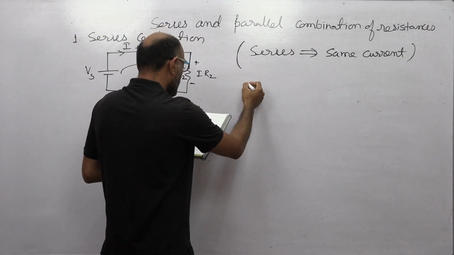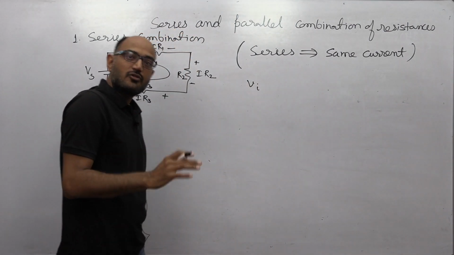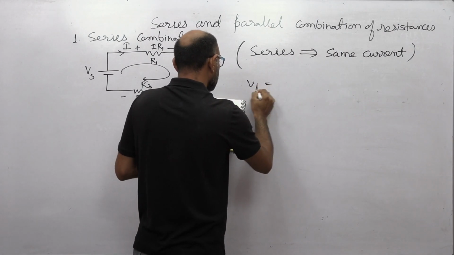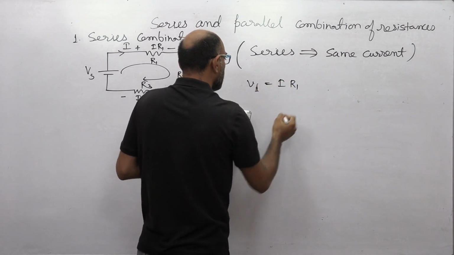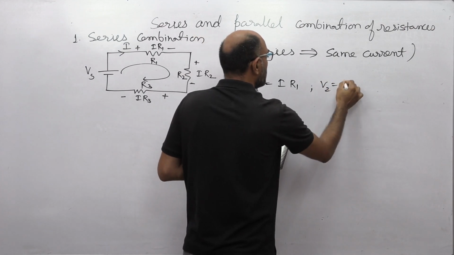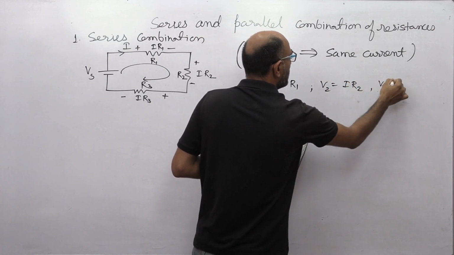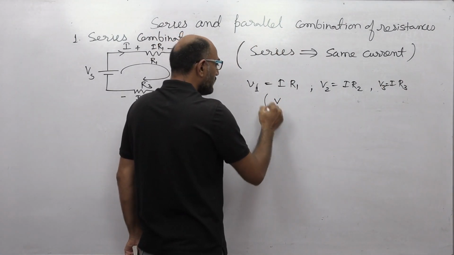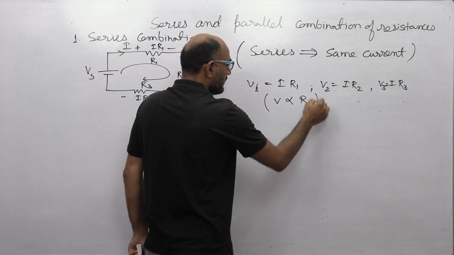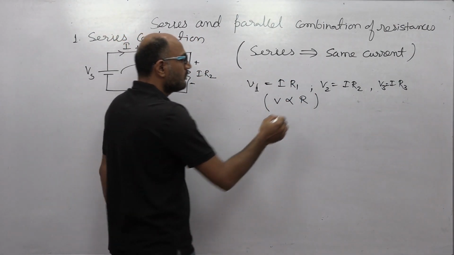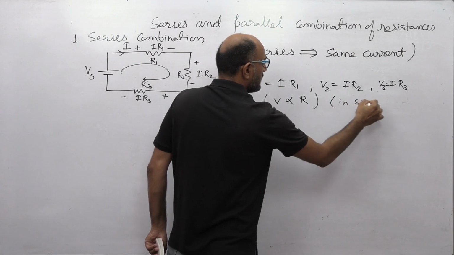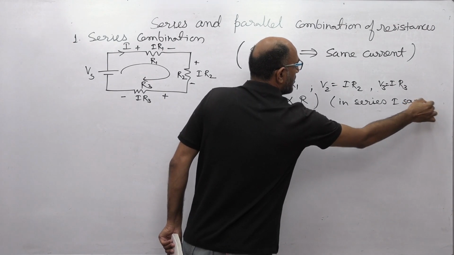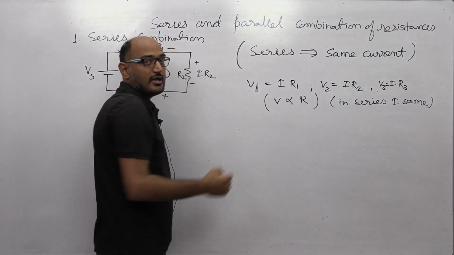So the voltage drop V1 on R1 is IR1, V2 is IR2, and V3 is IR3. Here you are using V proportional to R. Your voltage drop in the series circuit: I is the same, therefore V equals IR, okay?